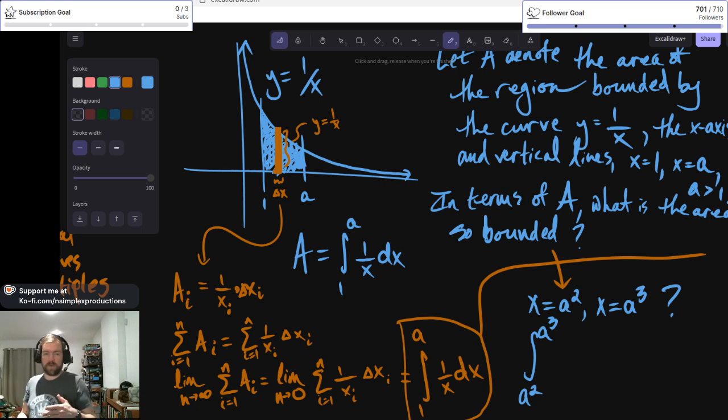A squared is going to be less than a cubed, so it's going to start at a squared, go to a cubed, of 1 over x dx.